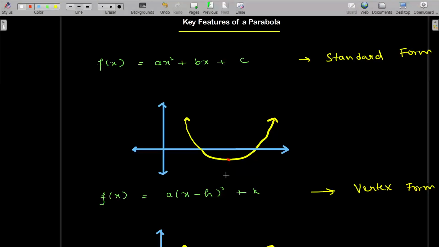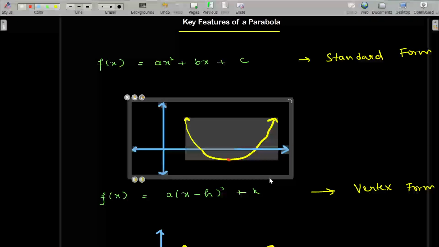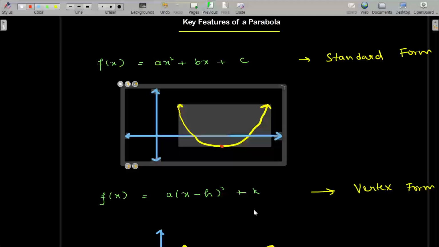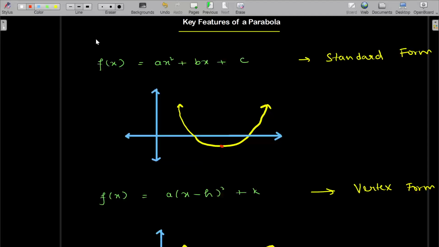One way is to convert it into the vertex form by completing the square. But there is also a method that lets you find the vertex without converting it.